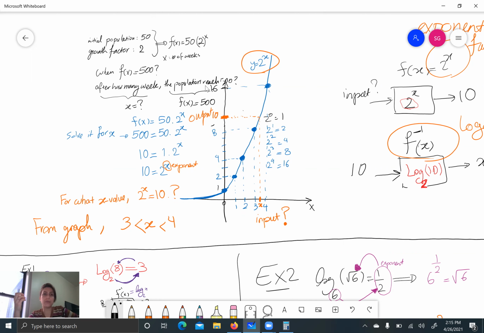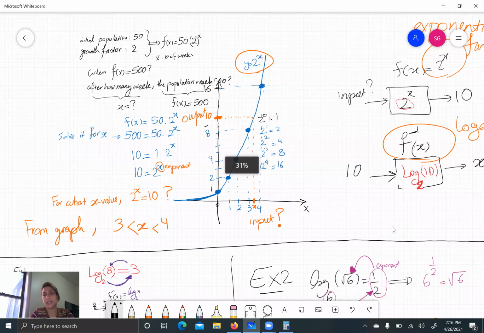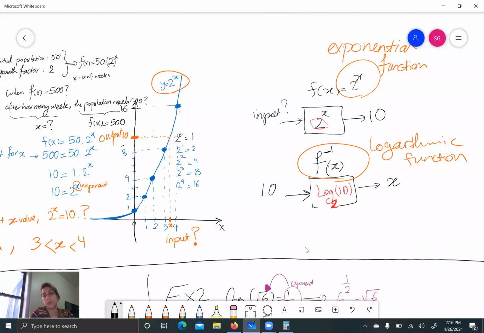When we simplified, we reduced it to, for what x value is 2 to the x equal to 10, right? Then we said we don't have a tool to solve this equation now. For that reason, we saw the need for an inverse function, and we introduced the inverse function.